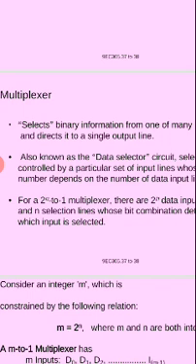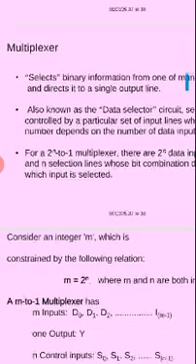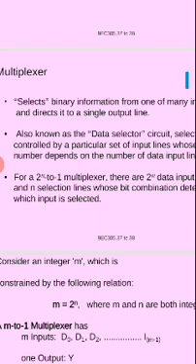Suppose there are 4 inputs to be transmitted over the channel, then one of them will be allowed at a time. That is called multiplexing.